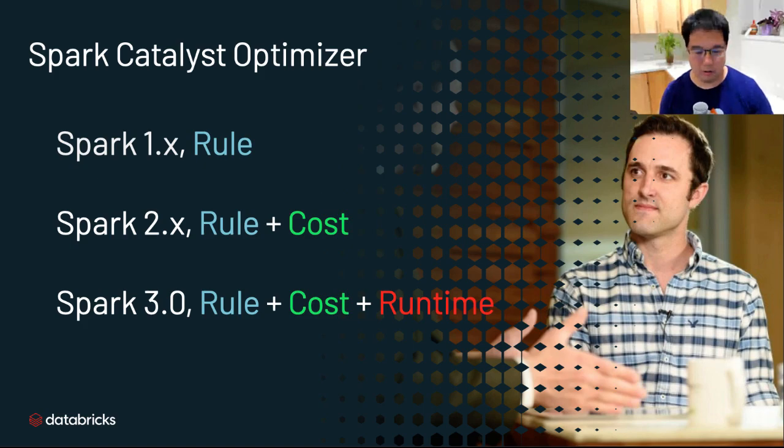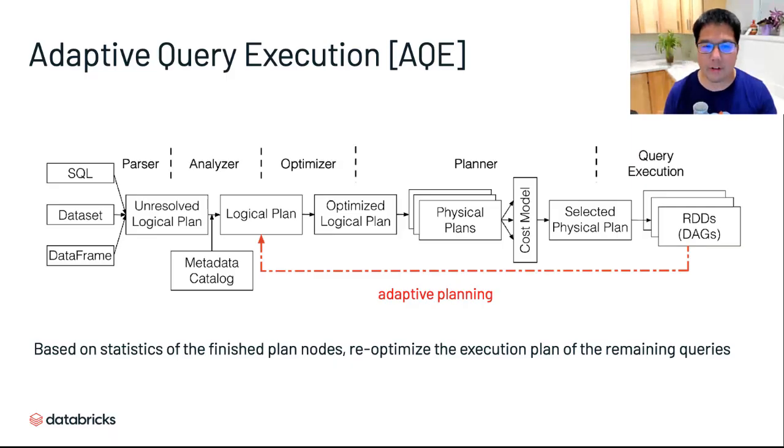All right, so let's discuss this a little bit. Before I actually talk about the adaptive planning, let's just take a look at what the Spark SQL, or the Catalyst Optimizer, is. As you notice here on the left side, whether you're running Spark SQL queries or using the Dataset API or the DataFrame API, note that the DataFrame API is really just an alias to the Dataset of Row, okay?